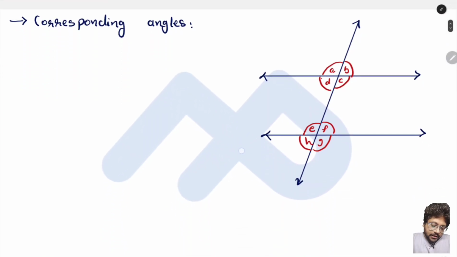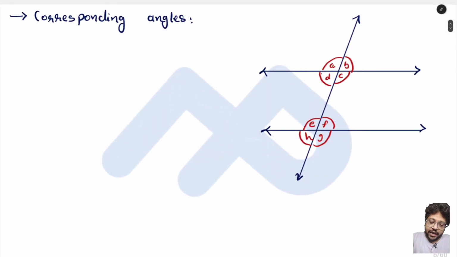Next is a pair of corresponding angles. Corresponding angles are the angles which are at the same position on two parallel lines. So if I see here, angle A and angle E are at the same position but on two different parallel lines.